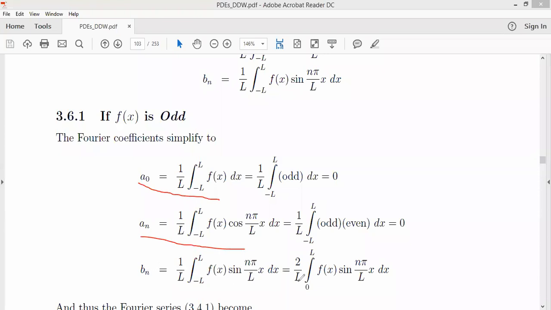You'll only get bn, which is given by that term. And once you have f(x), substitute it here, you know the L, substitute it here, integrate by parts, get the expression. I hope I am clear there.